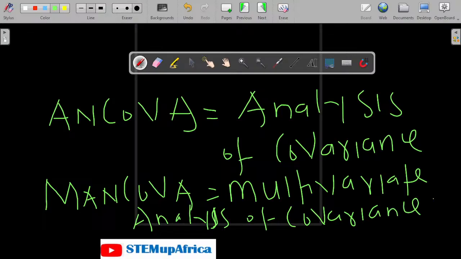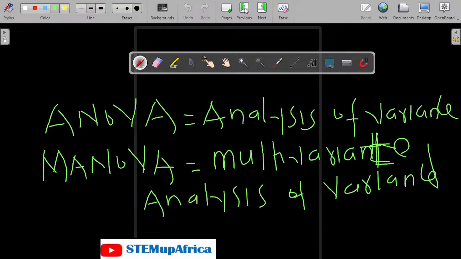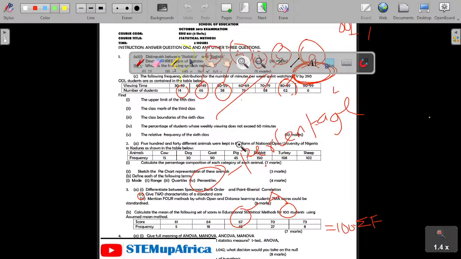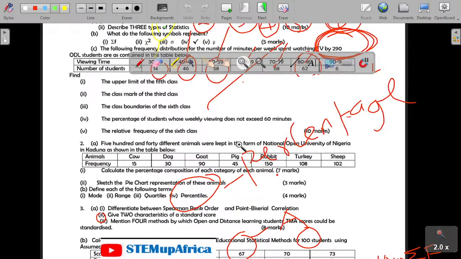So those are their meanings. They fall under advanced statistics. I don't know if those things are in the material, but you can check to be sure if they are there or not.